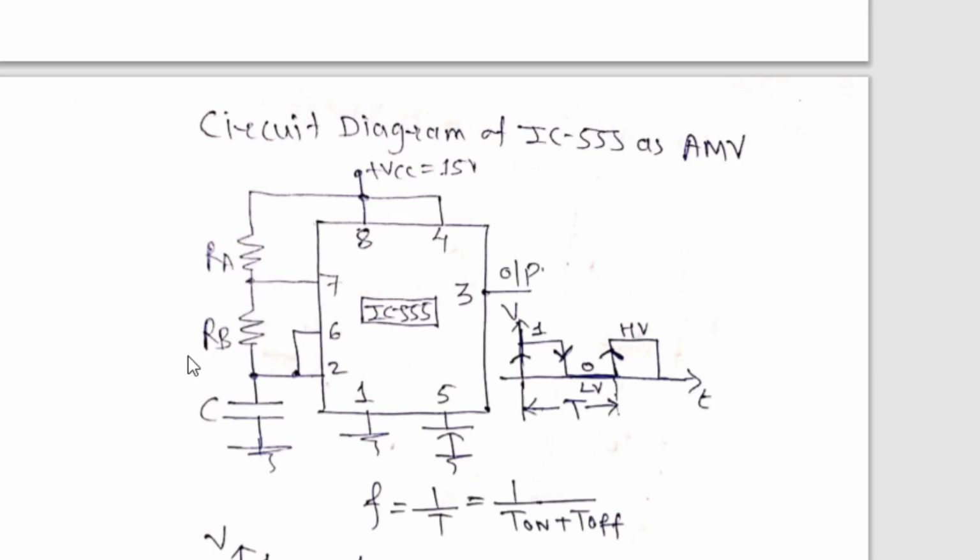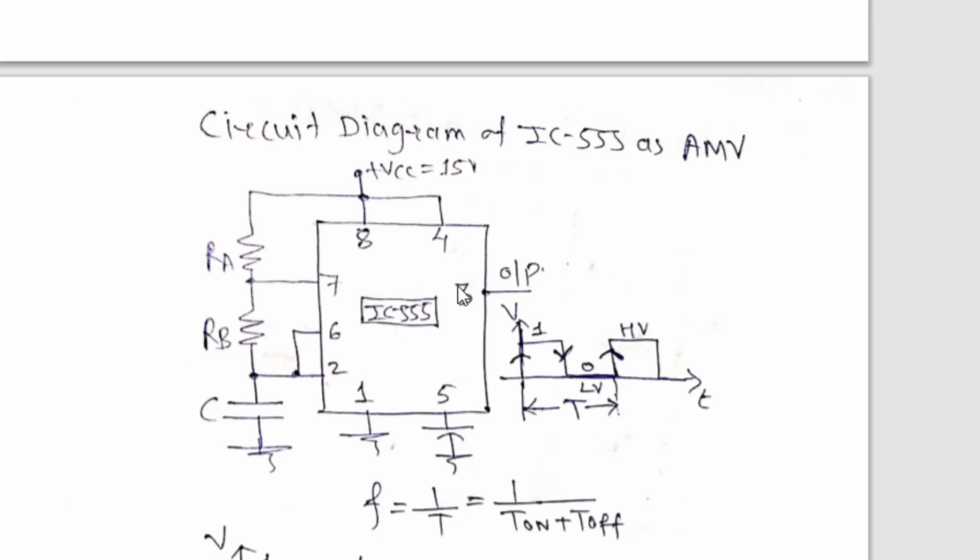And here, a very important thing you note down, that IC555 simply changes the output Q of the flip-flop from logic 1 to logic 0 and generates a square wave. But to change the output of the flip-flop Q from logic 1 to 0 and 0 to 1, we must change the inputs of the flip-flop. And the inputs of the flip-flop are driven by the output of the comparator.